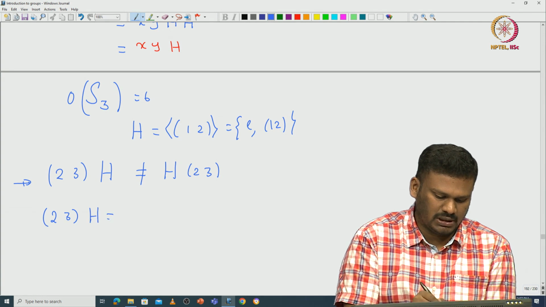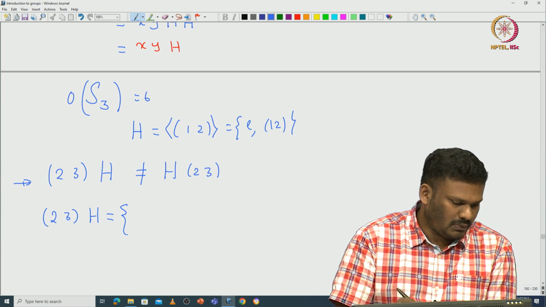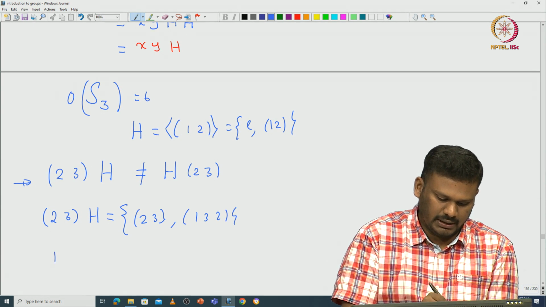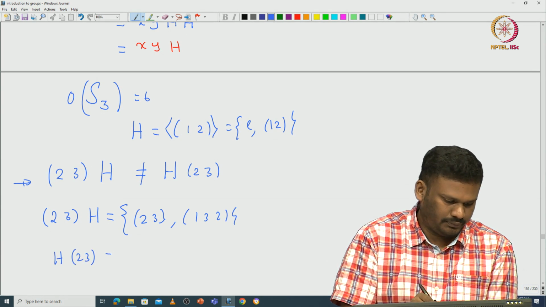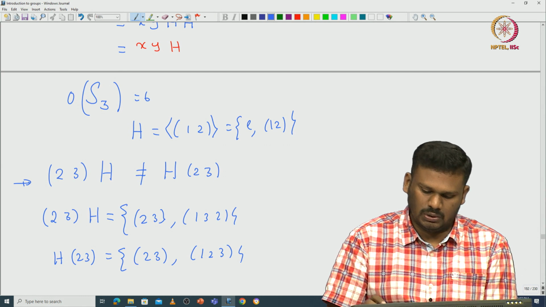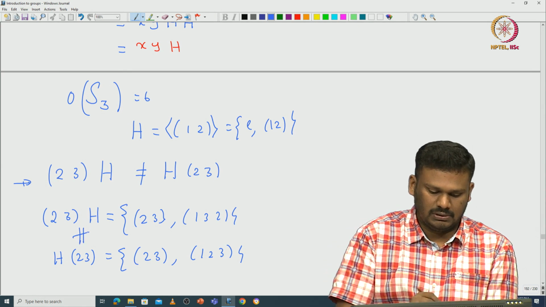If you do the computation, I will just write it out. This is exactly (2 3) and then (1 3 2), and H(2 3) will be (2 3) and then (1 2 3), and obviously (1 3 2) and (1 2 3) are different. That is why they are not equal.